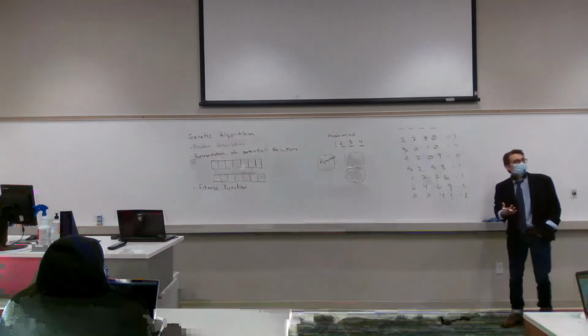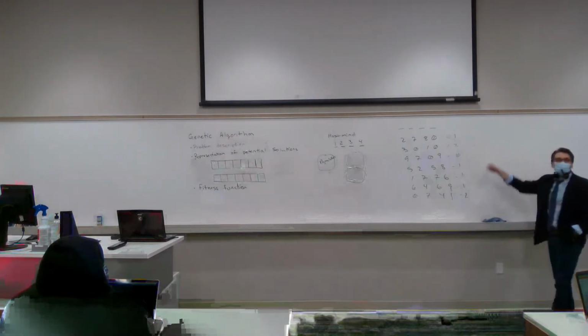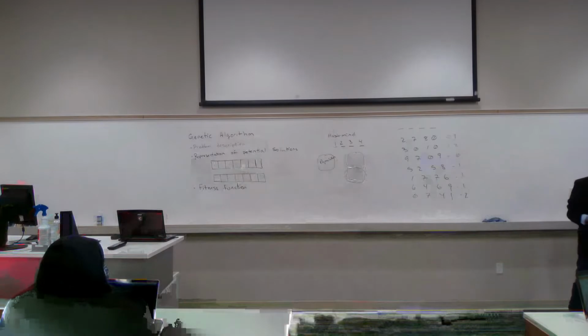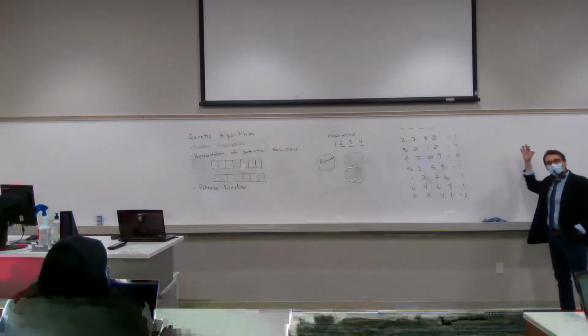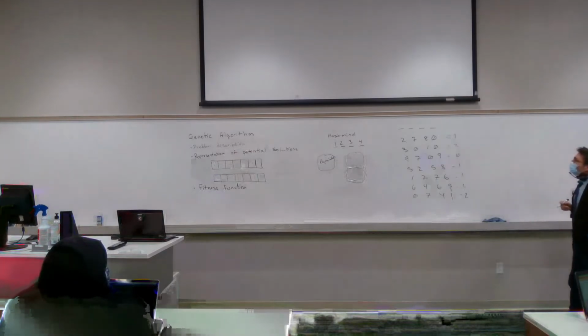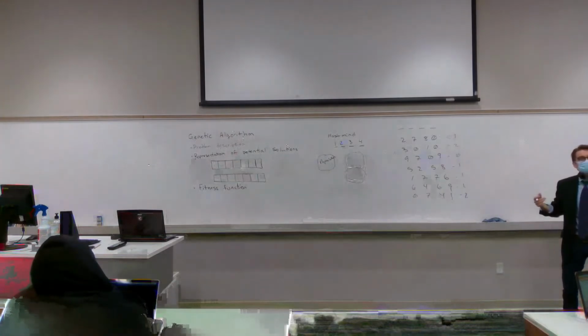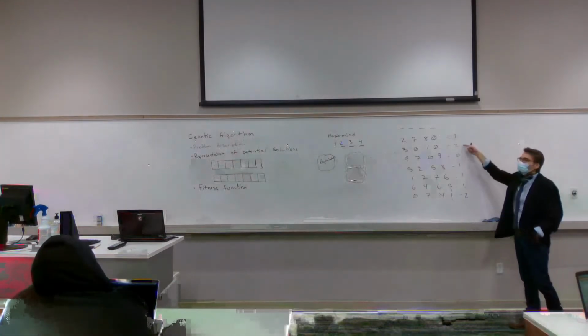Okay, so what might we do? Well, let's go ahead and pick some parents for creating new offspring for the next generation. What might you do? We might think, well, let's pick the most fit parents. Right? Let's pick these two.